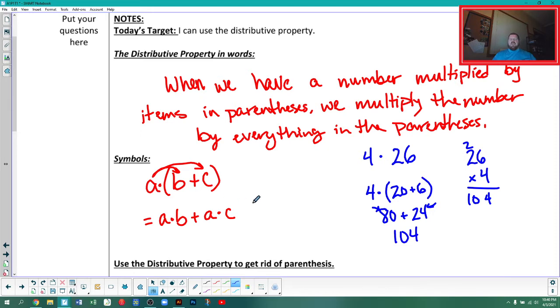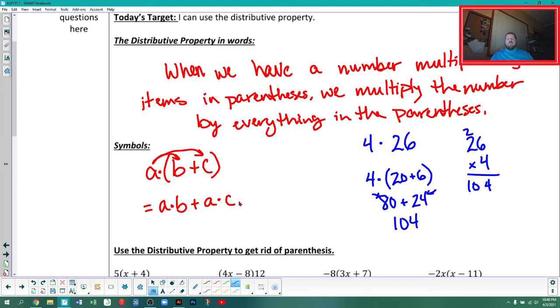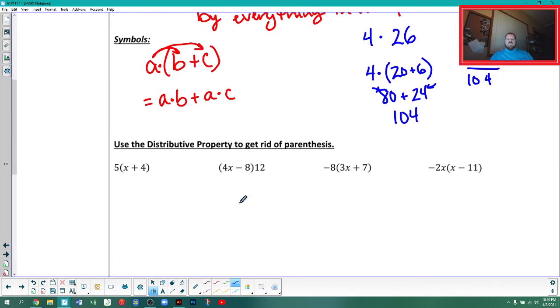But in the algebra expressions world, we're not just going to have numbers here. We're going to have a variable or two somewhere. Okay? So we want to use the distributive property to get rid of the parentheses. And for a couple of these, I'm going to write out what they really mean, but then we're just going to go to assuming that part. So I'm taking the 5 and multiplying it by the x and multiplying it by the 4.